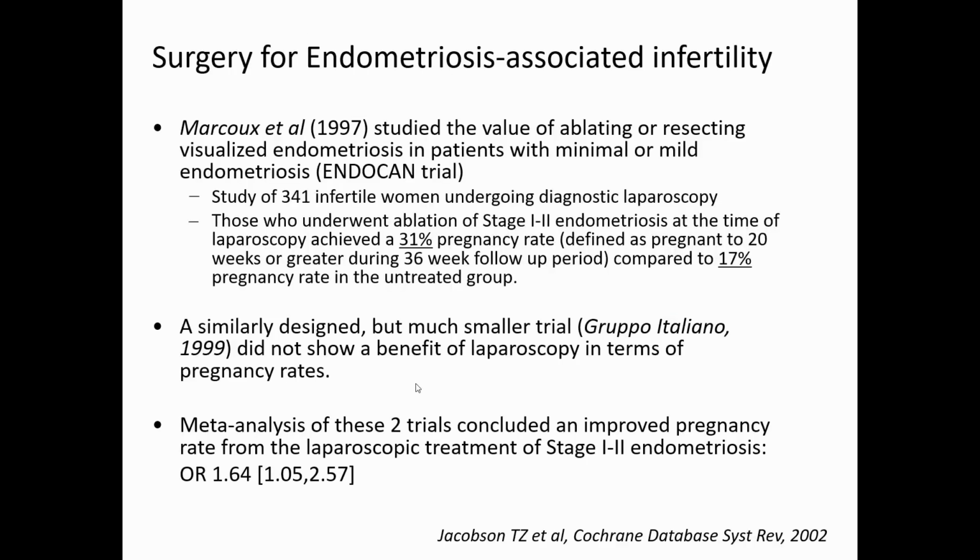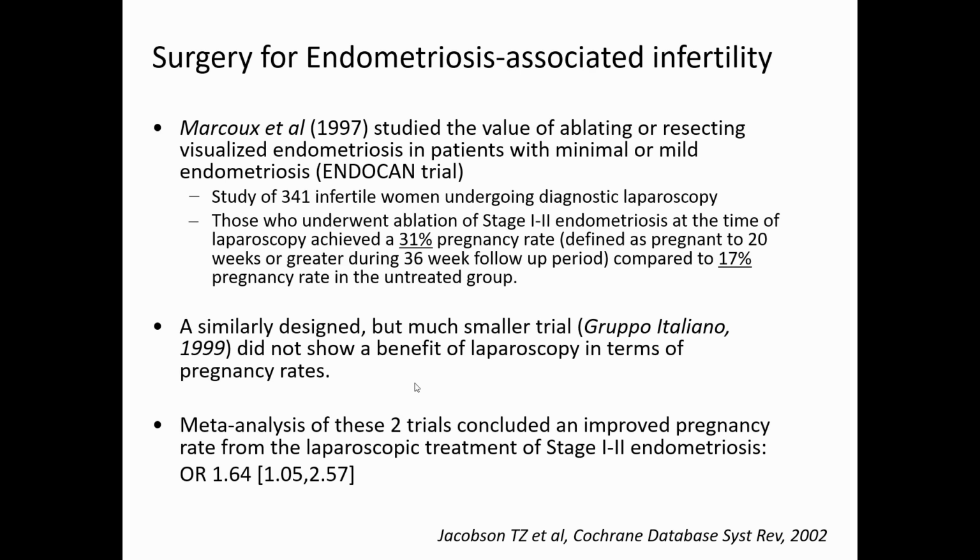Finally, endometriosis associated infertility has been studied with regards to the impact of surgery in improving the odds of fertility. This is a somewhat dated trial, but one of the better studies that have been done regarding the value of surgery for endometriosis is published in the New England Journal, and it involved over 300 women with endometriosis undergoing laparoscopy.